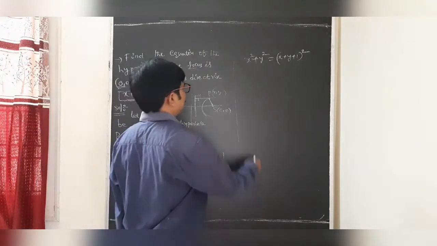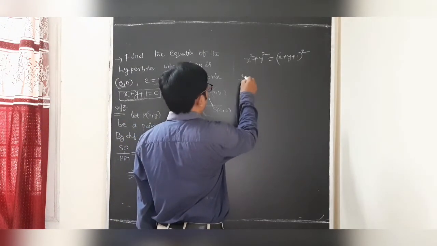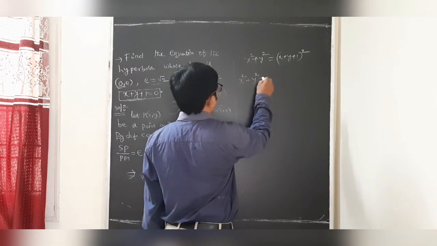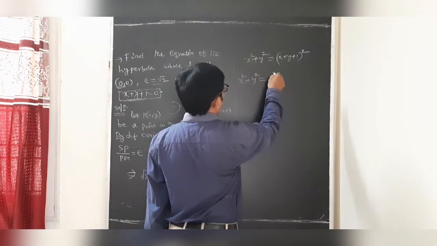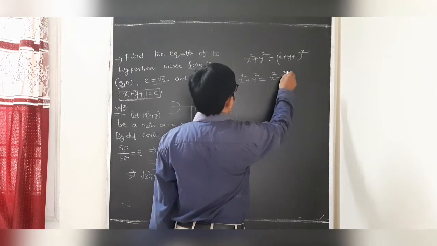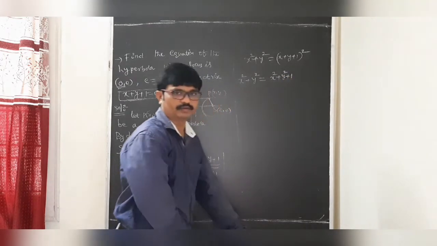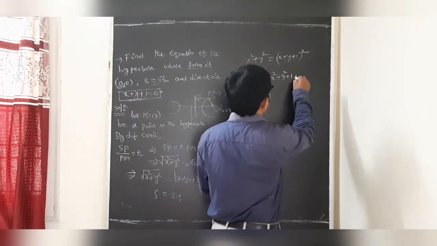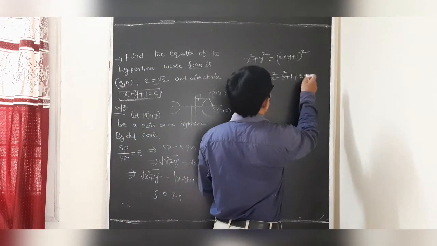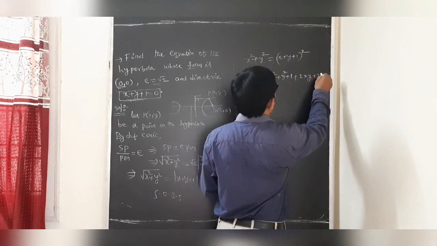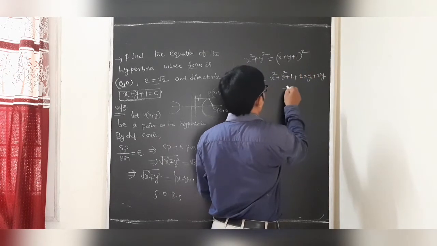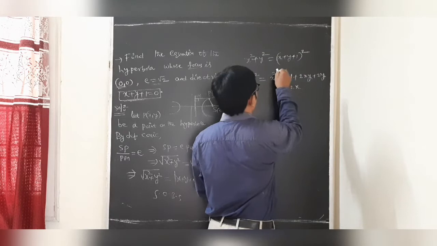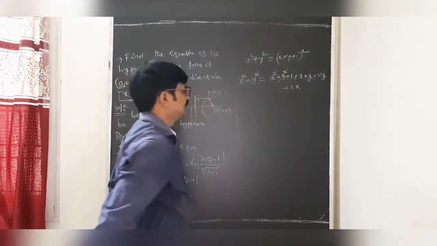My dear students, how can you write this? x square plus y square plus 1, a square, b square, c square. Now students, this is 2ab, 2xy, 2y, after that 2x. These are cancelled.